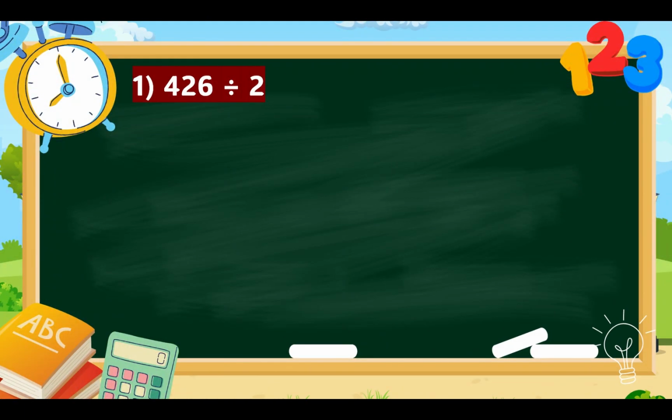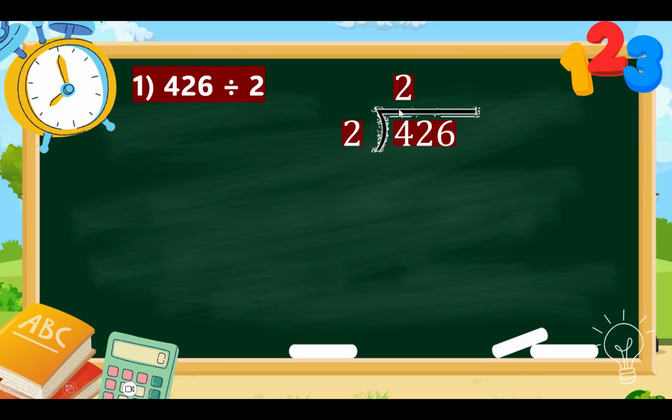Now let's try. Divide 426 divided by 2 using long division. Now this is our division house. Inside the division house is our dividend, and outside is our divisor. And let's start with 4. Divide 4 by 2, we have 2. Then after division, we have to multiply.